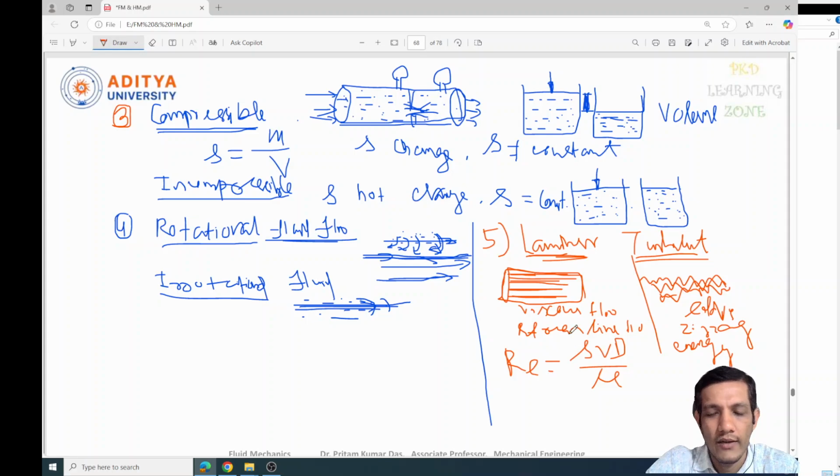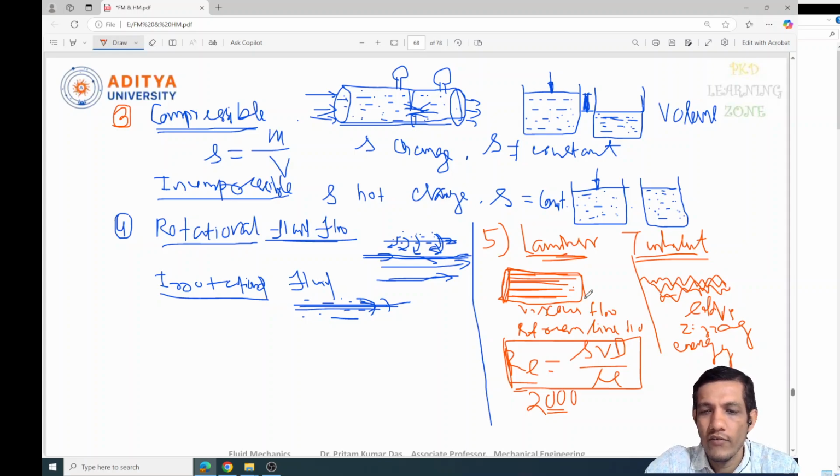Here Re is the Reynolds number, rho is the density of the fluid flowing inside the pipe, V is the velocity of the fluid flow, D is the diameter of the pipe, and mu is the dynamic viscosity of the fluid. If the Reynolds number is within 2000, then it is called laminar flow.